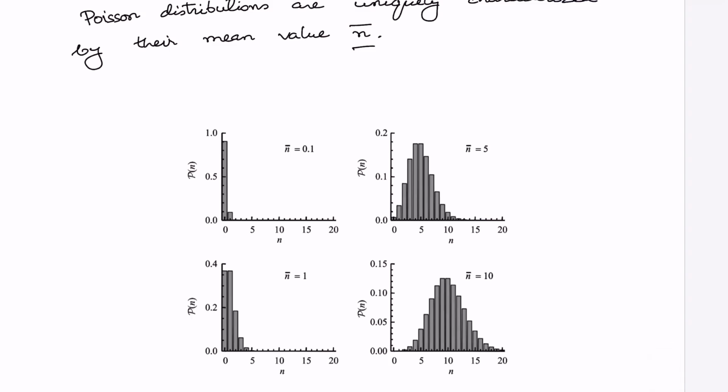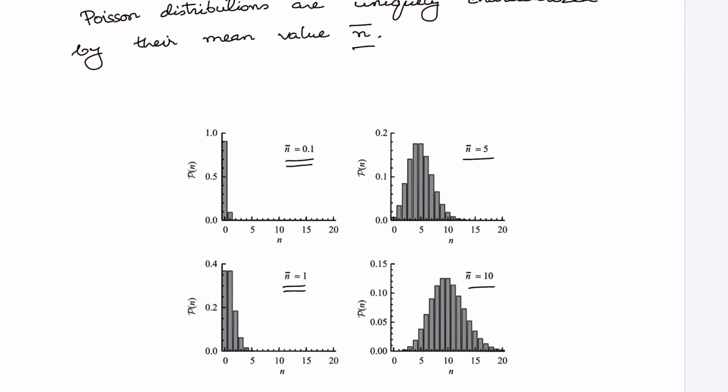In these plots you can see that the Poissonian distribution is plotted for beams of light having different mean numbers of photons. We are considering 4 beams of light: one having mean number of photons n bar equal to 0.1, another with n bar equal to 1, and then 5, and then 10.